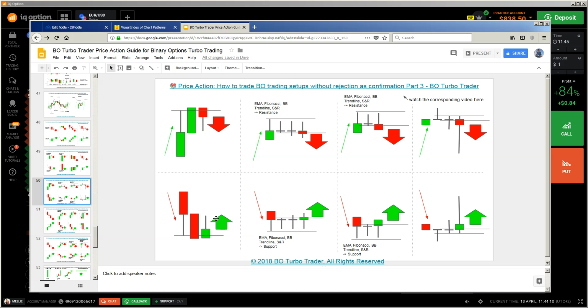Almost all of them here are the same type, only looking different. The concept of all four together is similar, and if you understand the concept behind this with the support and resistance, the support area, and also this one, you can handle all of them, because they are similar. I'm going to show you another one which looks similar, and you will understand the concept behind it.